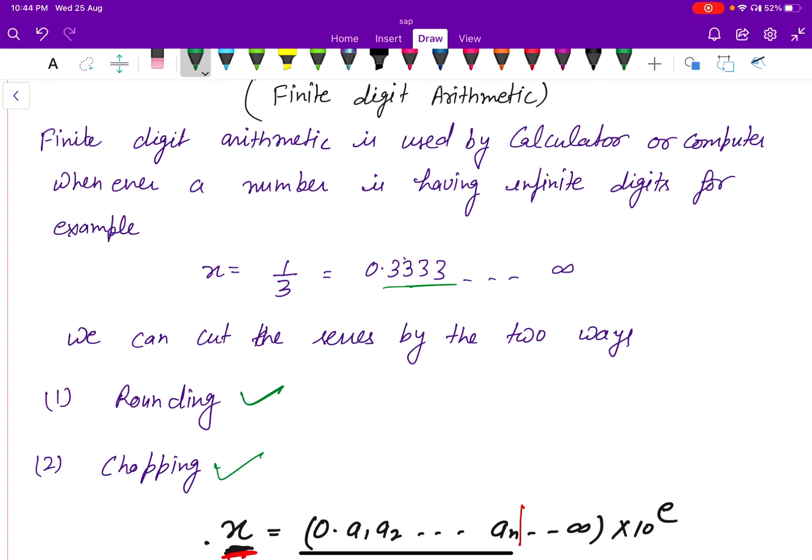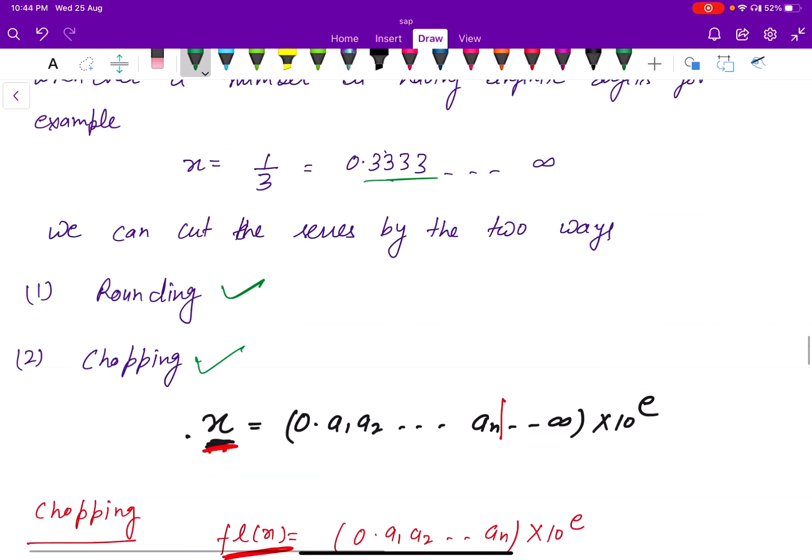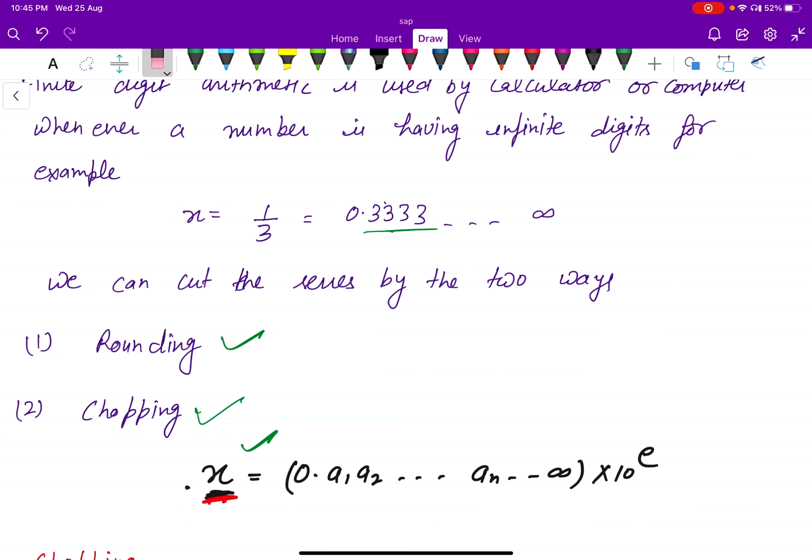So what are rounding and chopping? Suppose x is a number 0.a1 a2 a3 up to an, going on to infinity. Suppose we want to cut this series after n digits, or take only n digits in our computation.